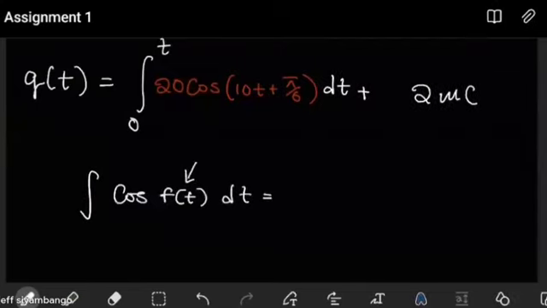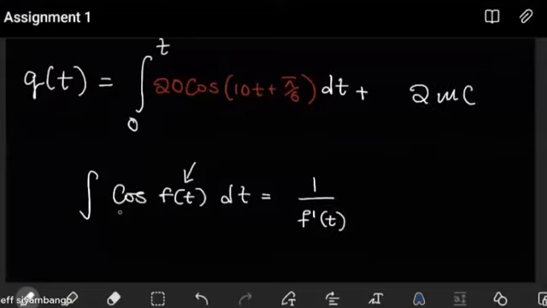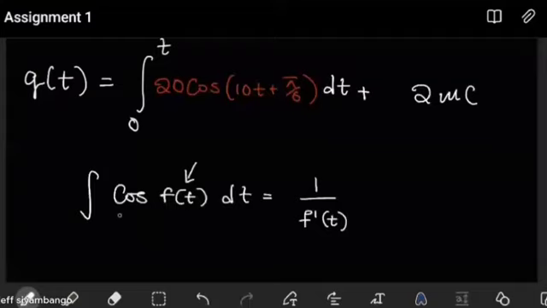In differentiation, after differentiating the argument, you multiply it. In integration, after differentiating f of t, you divide it down here. Then you multiply it with the integral of the cos. You're asking yourself, what did you differentiate to get cos? It's sine. When you differentiate sine, you get cos.